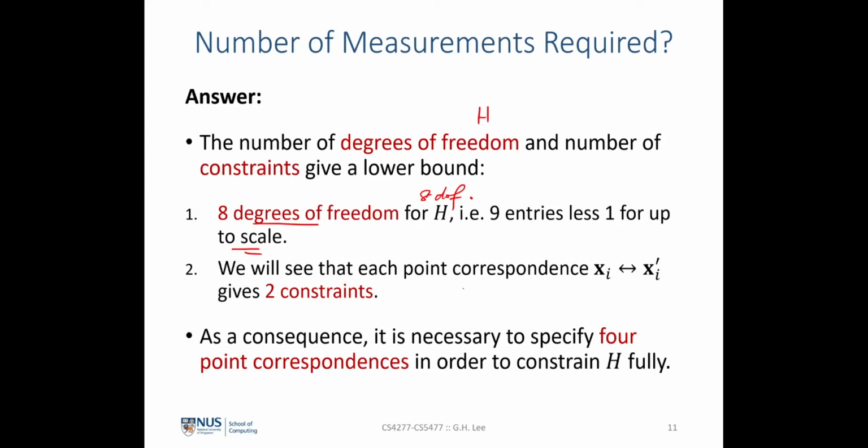Each point correspondence, xi and xi prime in the two images, gives us two constraints. As a result, altogether we will need 4 point correspondences, because each point gives us two constraints and we have altogether 8 unknowns in our homography matrix to solve. So 4 correspondences give 8 constraints, and with 8 constraints and 8 unknowns we will be able to solve for the full homography matrix up to scale.